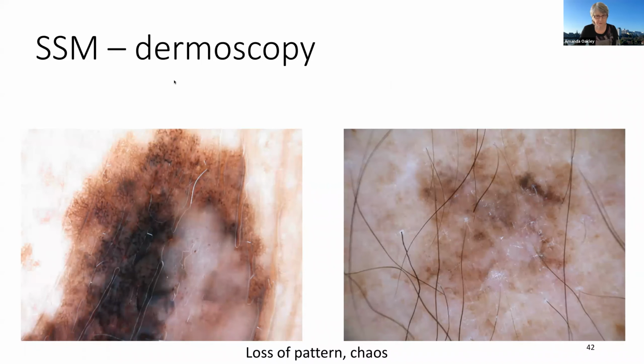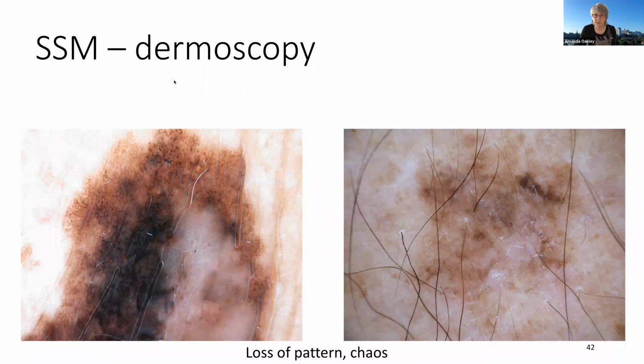On dermoscopy, the patterns have gone. So the one on the left still has a reticular pattern, but it's not uniform across the lesion. It has a structureless pattern, but only eccentrically. It's chaotic. The one on the right is also very chaotic, although it isn't as dramatic as the one on the left. And that on the right is melanoma in situ.